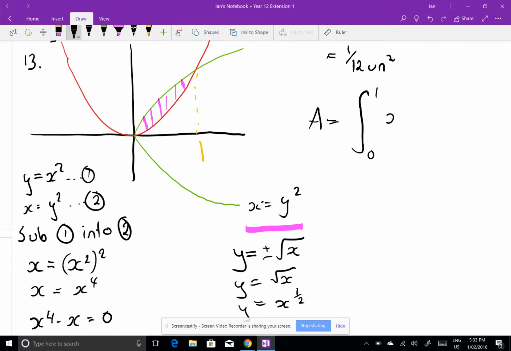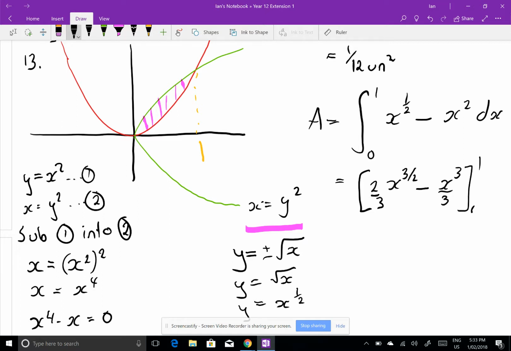So it's x to the power of a half minus x squared dx. Now, let's integrate. Add 1 to the power, x to the 3 on 2, and divide by 3 on 2. Well, that's like multiplying by 2 on 3, minus x cubed on 3, between 1 and 0.